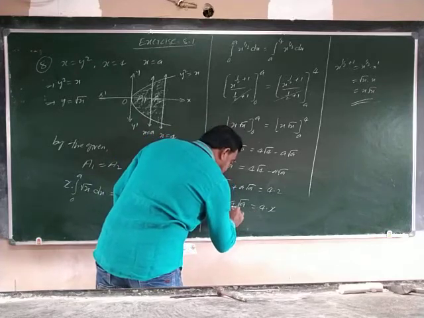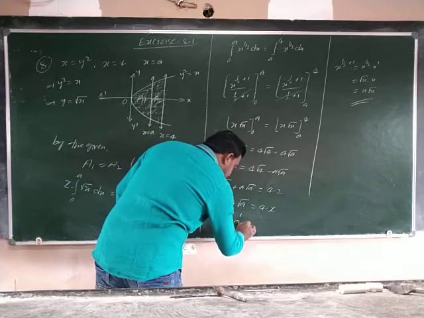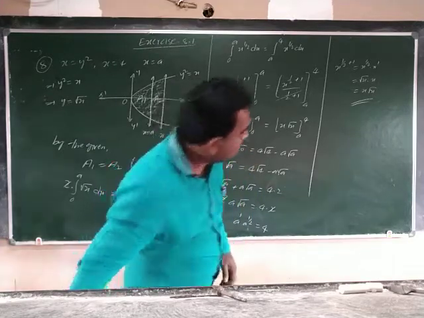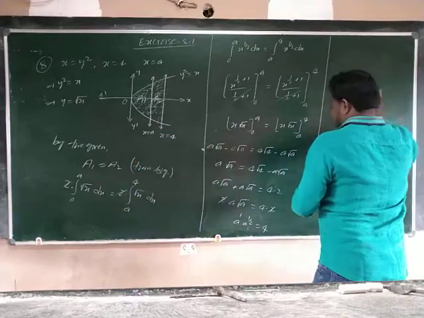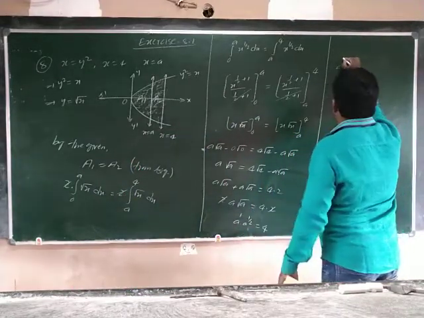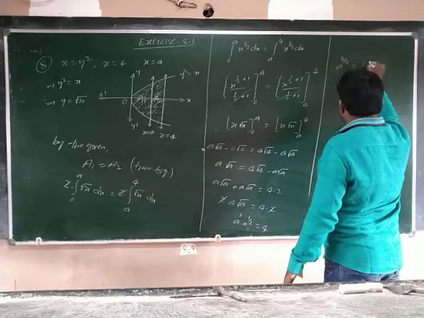This a root a is equal to a power of 1 into a power of 1 by 2. This 4 is as it is. Next, a power of 1 plus 1 by 2, that is 3 by 2, is equal to 4.